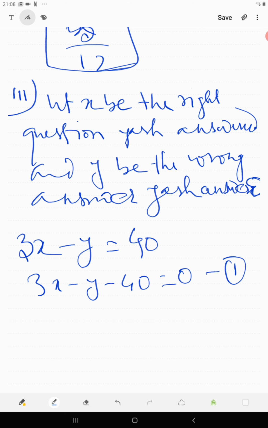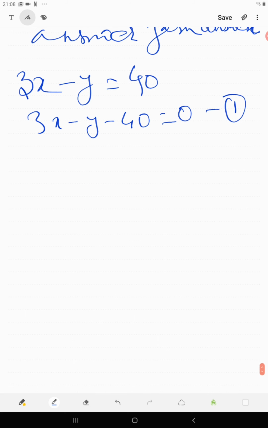Now for the second condition, if 4 is the marks for a right answer and 2 is the deduction for a wrong answer, then since he answered x questions right, his marks should have been 4x, correct? But 2 marks is the deduction, so for y wrong answers, 2y marks should be deducted.